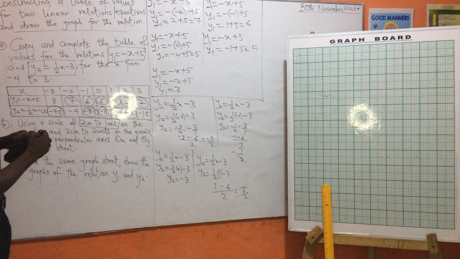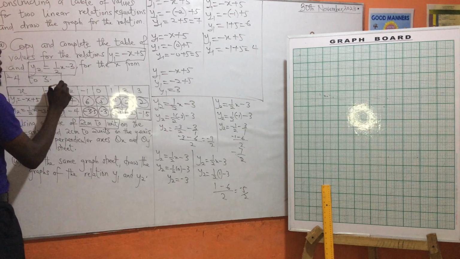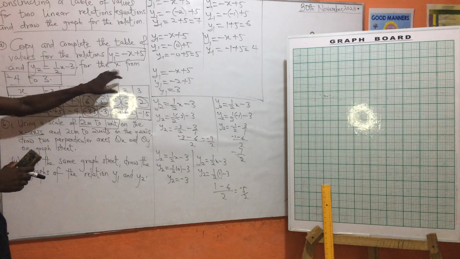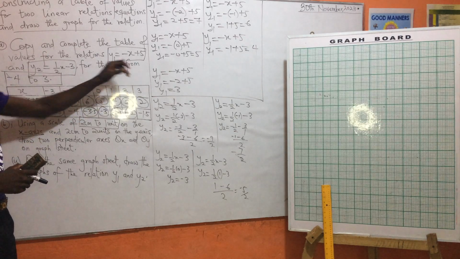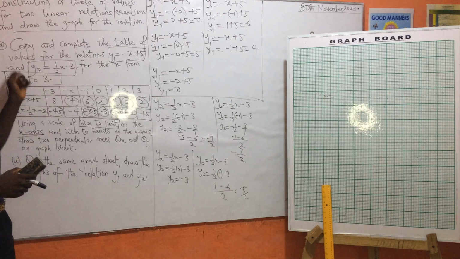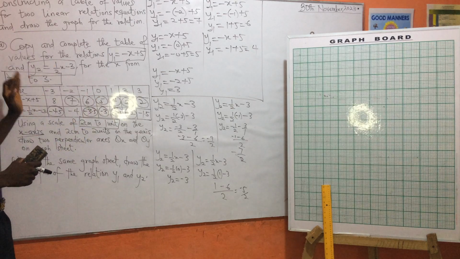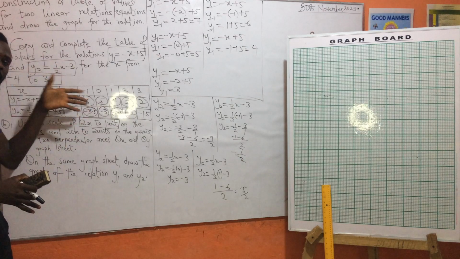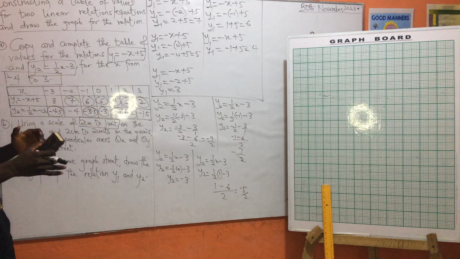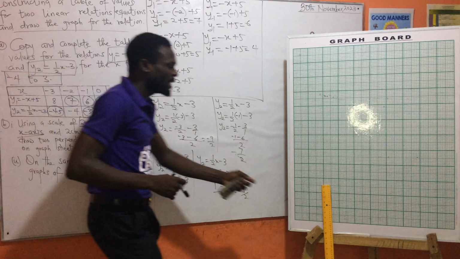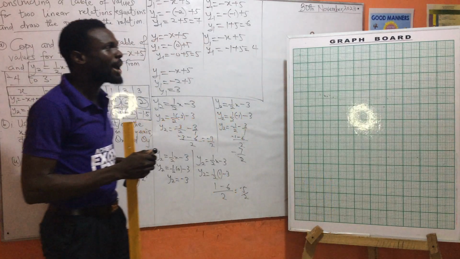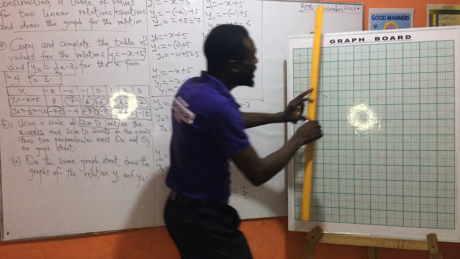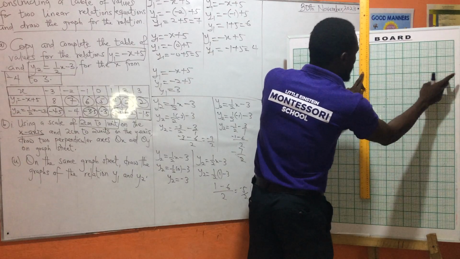Good. Now you have been given a labeling to be done for x, and the x is -4 to 3. So on the x-axis, the negative side should end on -4, and the positive side should end on 3. So now, let's come to the graph and locate our point of intersection, or our y-axis. So looking at it carefully, I have 1, 2, 3, 4, 5.